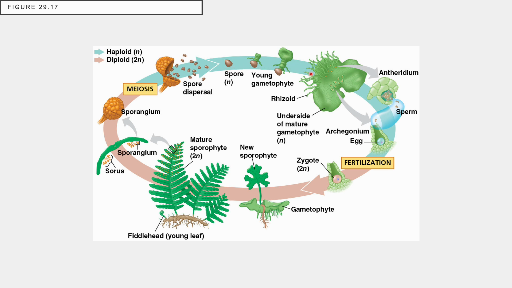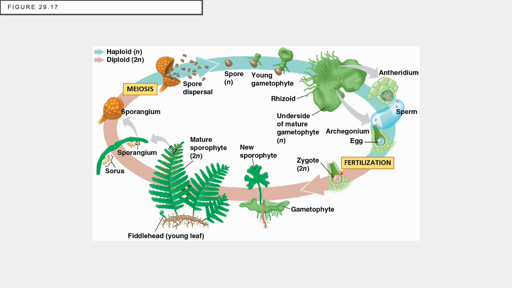The spore then develops into a gametophyte. So now this gametophyte generation has both the antheridium and the archegonium residing on the same organism, the same generation of this organism. So it is homosporous, but it does contain both. So fertilization occurs when the flagellated sperm, still dependent on water, makes its way to the egg.